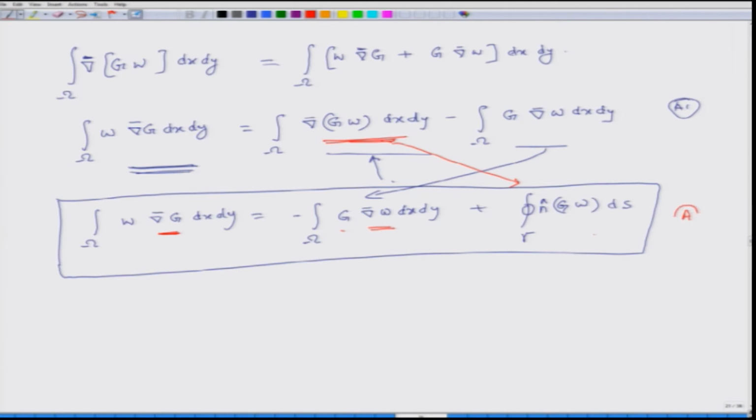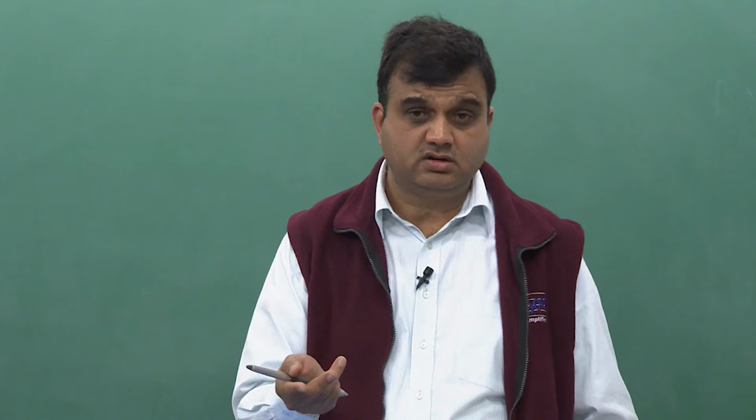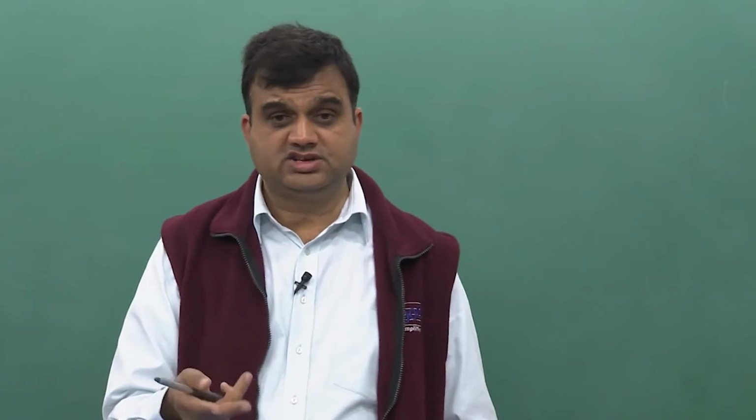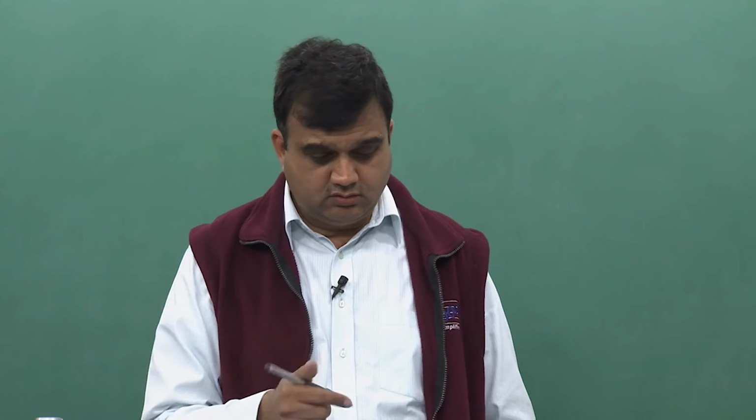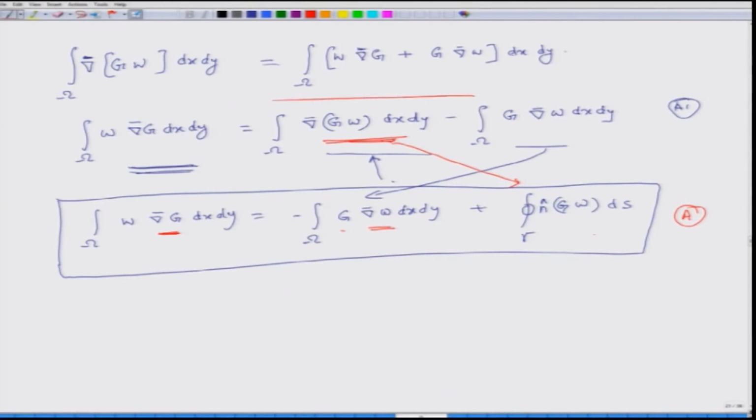This is an important statement, and we use this to transfer differentiability. In one dimension we used integration by parts. This is a similar process here, because we start from here and then shift the gradient operator, not necessarily differentiability, from one function to the other function.